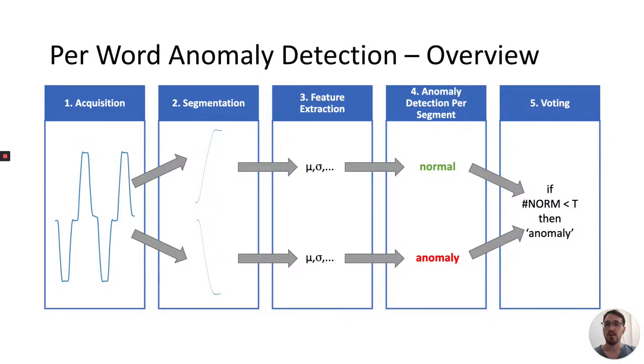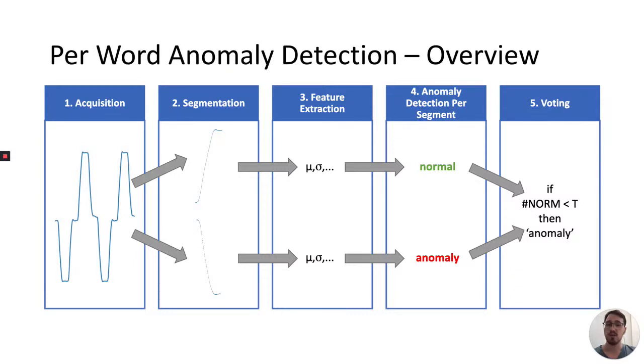This is an overview of the first phase, the pair-word anomaly detection. From left to right. Acquisition, sample the signal. Segmentation, divide the words to parts of a bit. For example, voltage rising from null to high, or descending from null to low, or flat at low, or flat at null. Feature extraction. For each segment, extract a set of features.